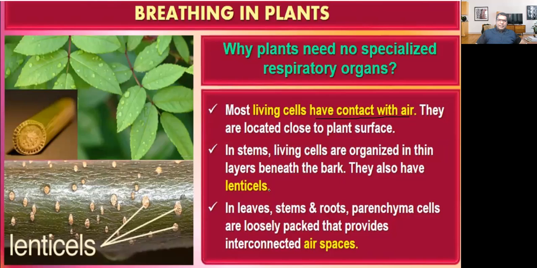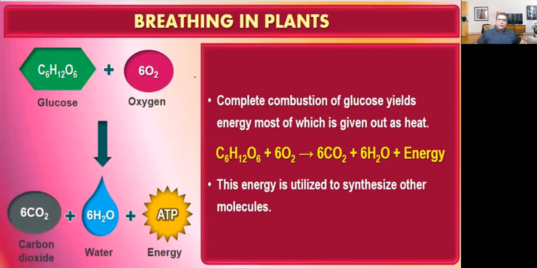They also have lenticels. And after this bark, what is there? Dead cells, so they don't need oxygen. In leaves, stem and root, parenchyma cells are loosely packed and provide interconnected air spaces. Therefore, they don't need any special type of respiratory organ.